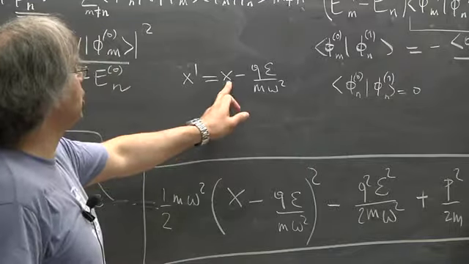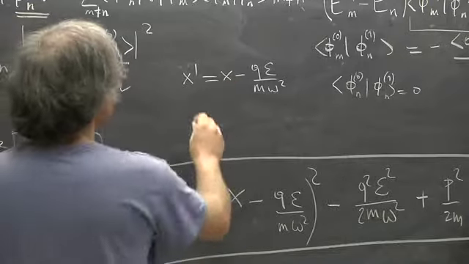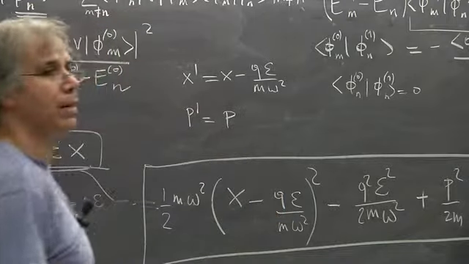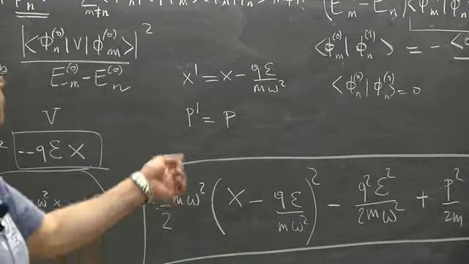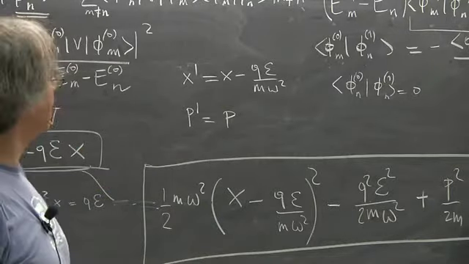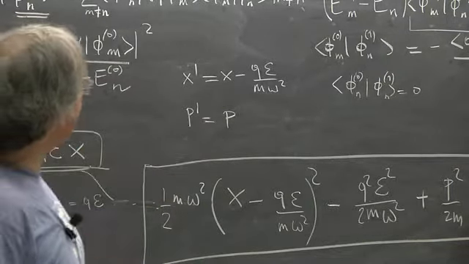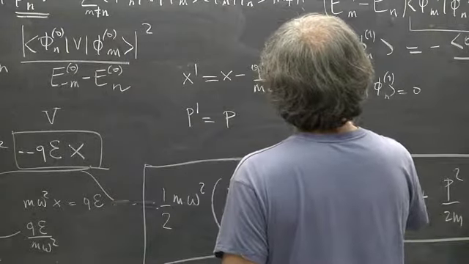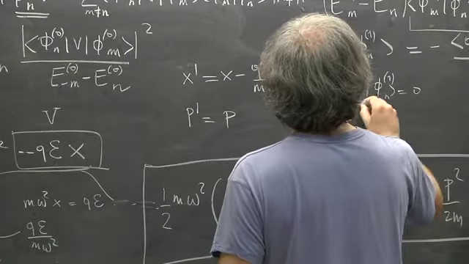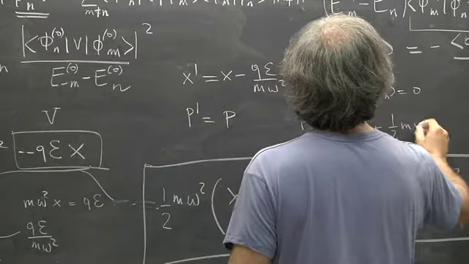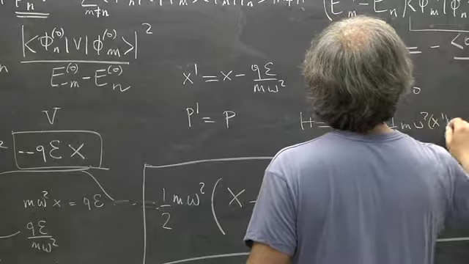Now, this being a shift, the new momentum will be just equal to the old one, because the derivatives with respect to x and with respect to x prime are identical. So I can rewrite the new Hamiltonian in these new variables as p prime square over 2m plus 1/2 m omega square x prime square.